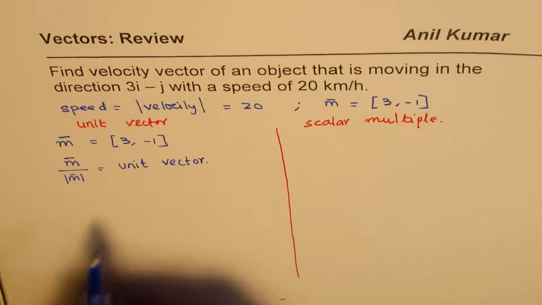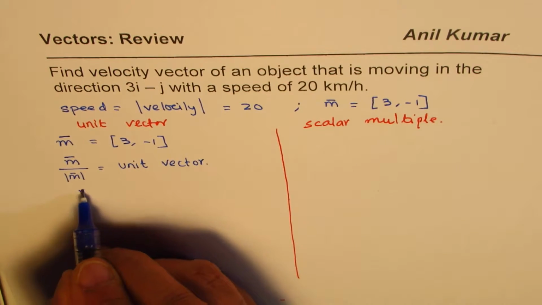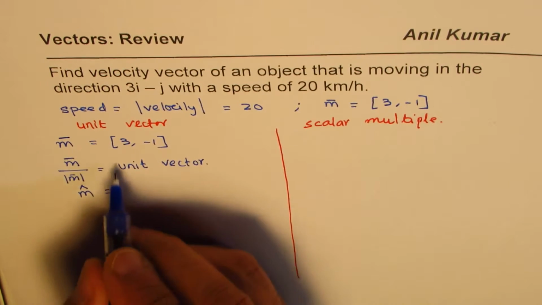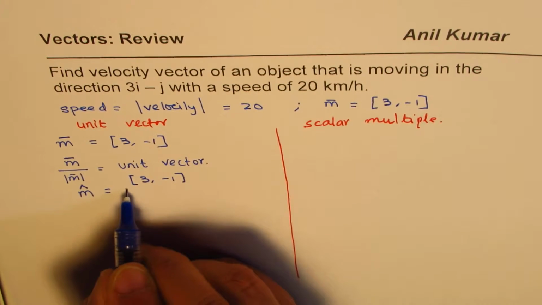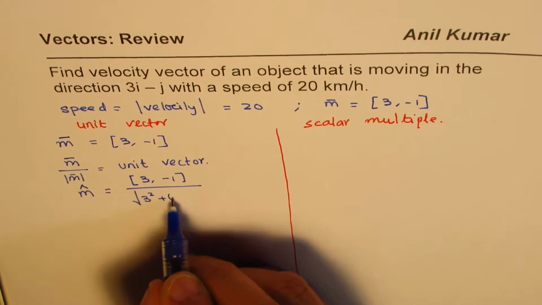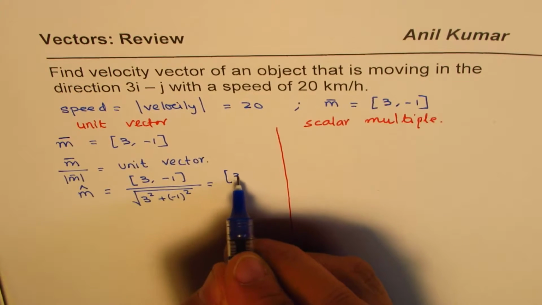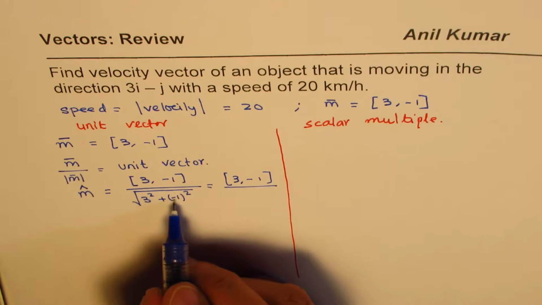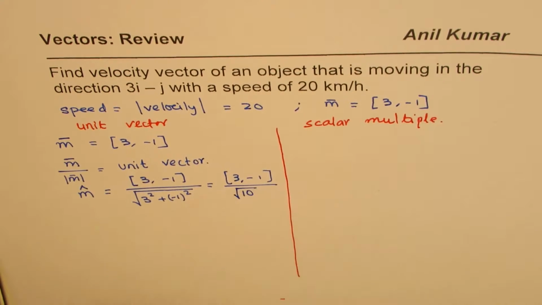So in this case, what is my unit vector? Normally we represent a unit vector with a bar on top. This will be the vector (3, -1) divided by its magnitude, which is the square root of 3 squared plus minus 1 squared. 3 squared is 9 and 1 is 1, so the addition is 10, so it is the square root of 10.